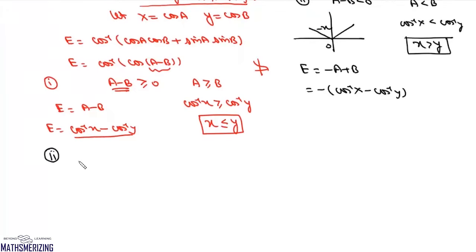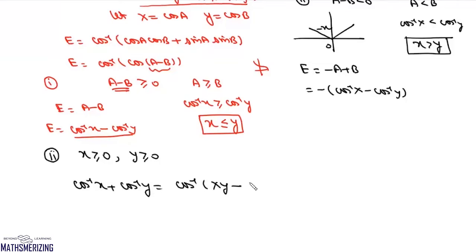Now in the same way, for x greater than or equal to 0 and y greater than or equal to 0, we can prove the formula that cos inverse x plus cos inverse y will be cos inverse of xy minus under root of 1 minus x square into under root of 1 minus y square.